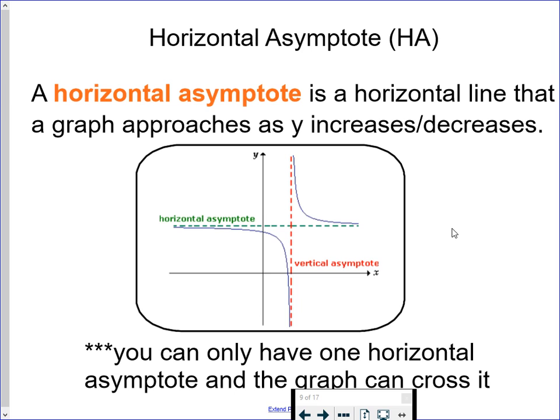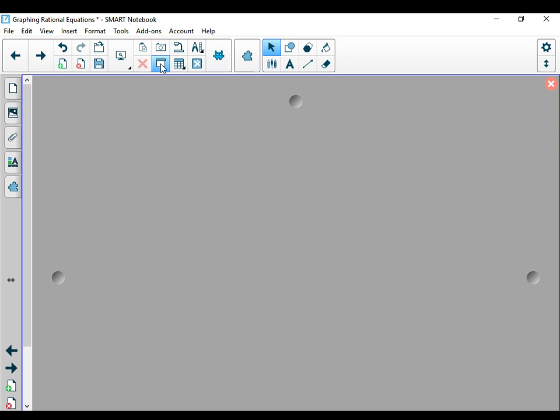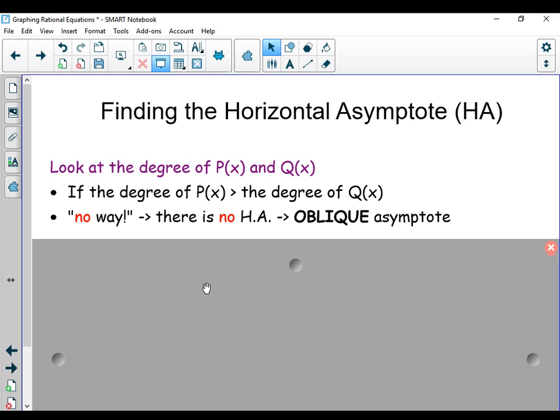Okay, so like I said, there's some weird stuff with these. All right, so I don't want to write all those math words.